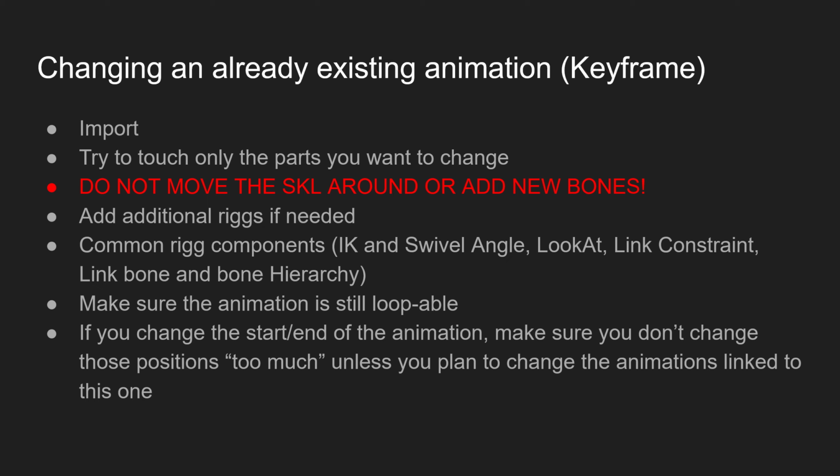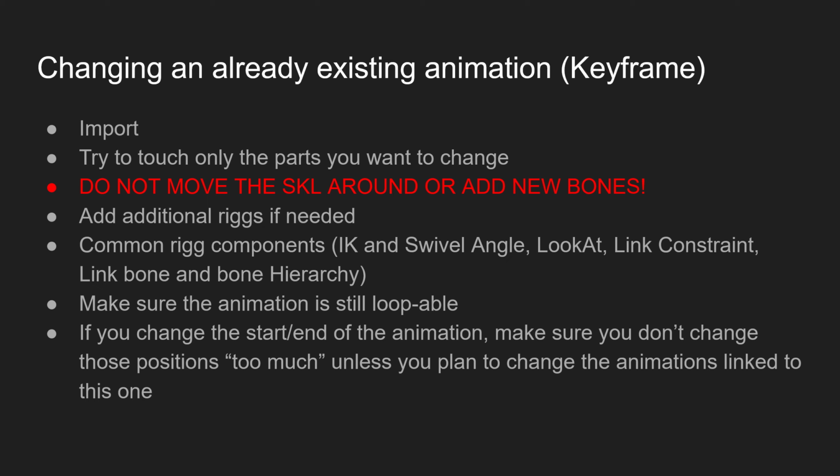But you must make sure that in between there's also a consistency to the animation. All the animations are loopable because they are in state machines, basically. So when they're in idle, they keep idling. When they're attacking, they keep attacking. So they need to be loopable. That's the main thing.